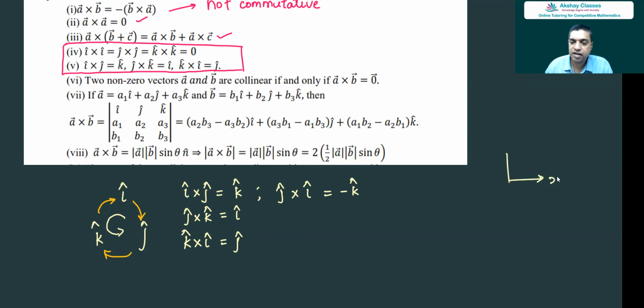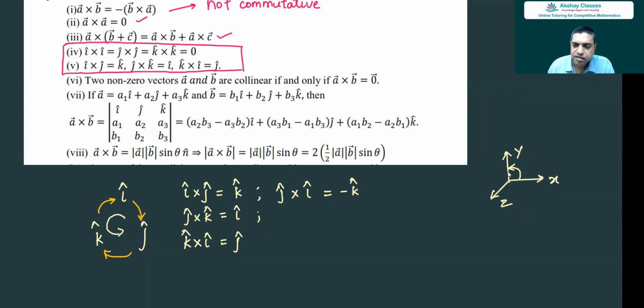because our X, Y, Z coordinates follow the right hand thumb rule. From X to Y, if you curl the right hand fingers, then the direction of the right hand thumb will give us the direction of Z. Correct?